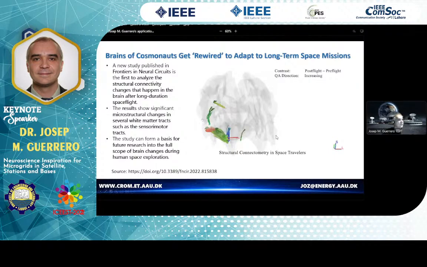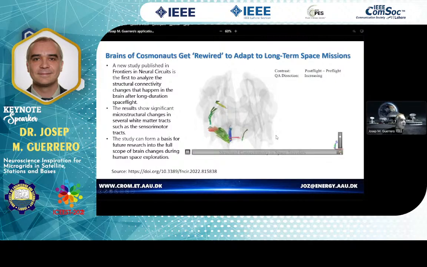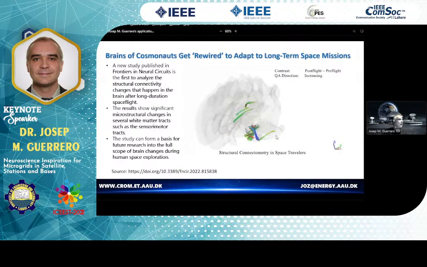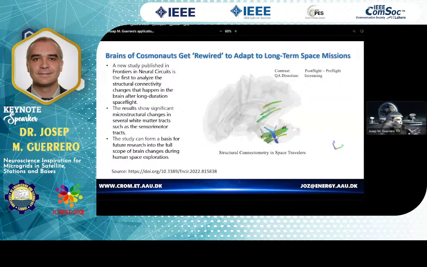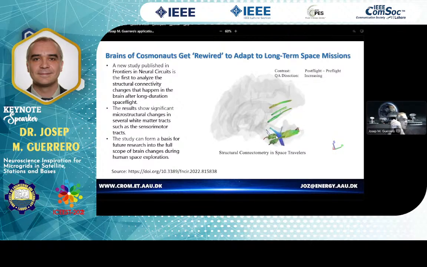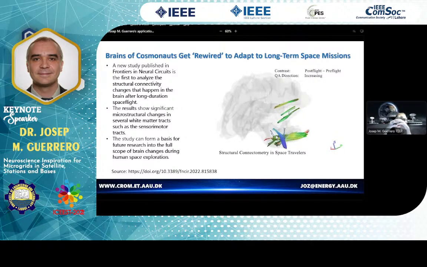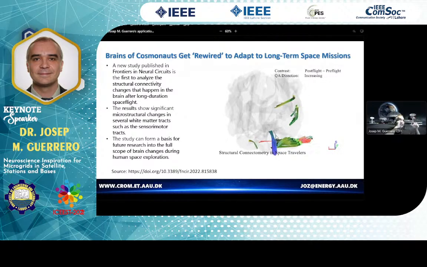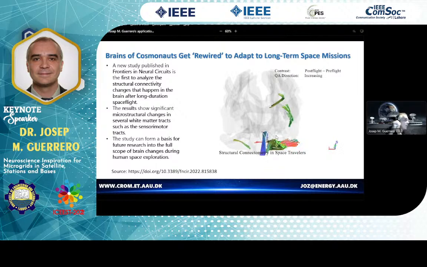And I want to finalize my talk saying that yes, there is also another work that has been developed very recently, looking at how, when astronauts go on long-term space missions, the structure of the brain, the connectivity, the connectome that we mentioned before, is also changing.